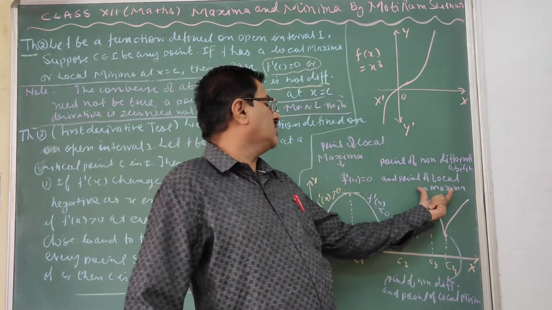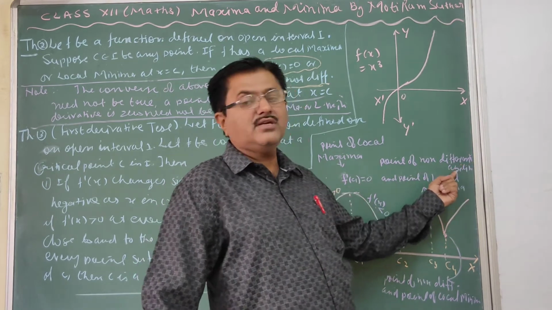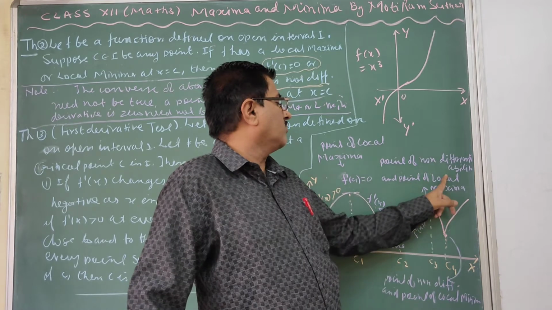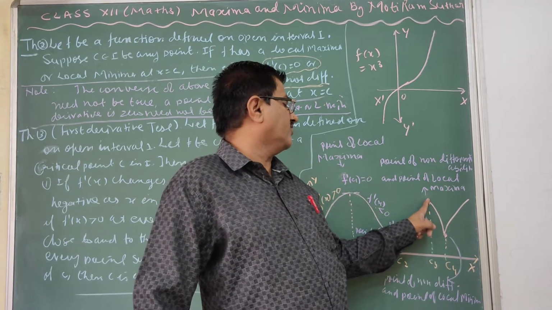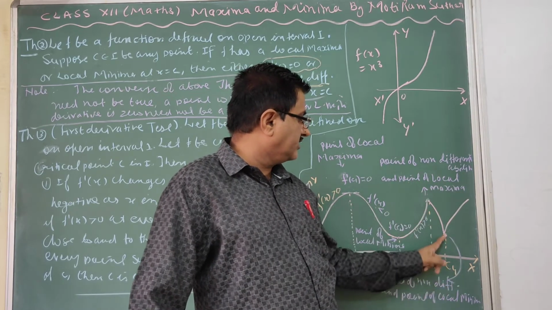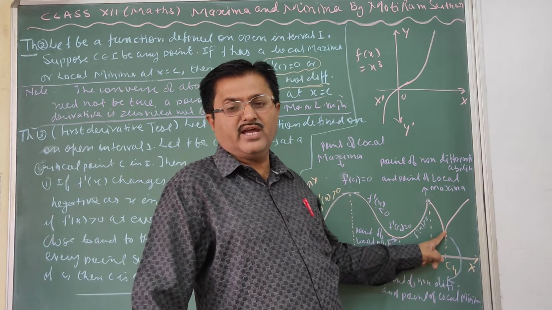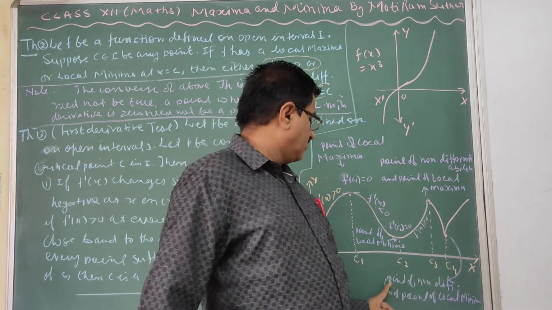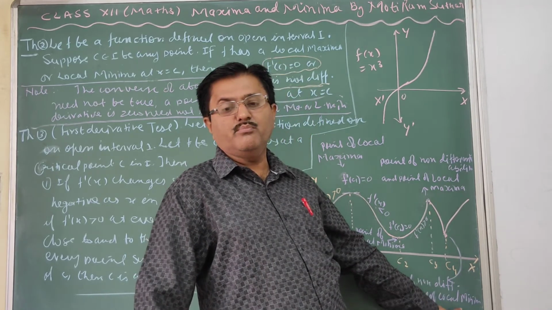So this is also a point of local maxima, a point of non-differentiability and also a point of local maxima. It means at this point it is not differentiable, yet it has a local maxima. And here at this point c4, again it is not differentiable, yet we have a point of non-differentiability and a point of local minima.